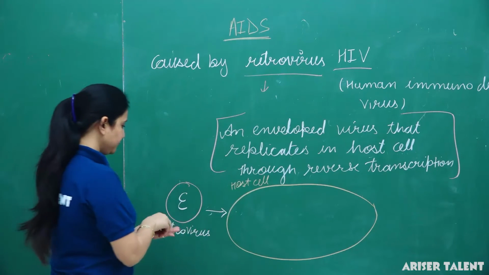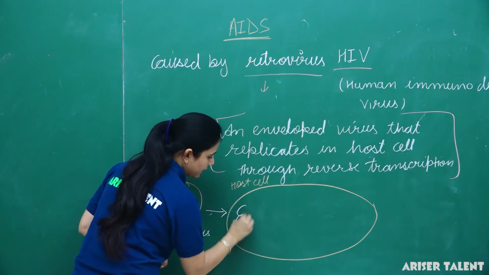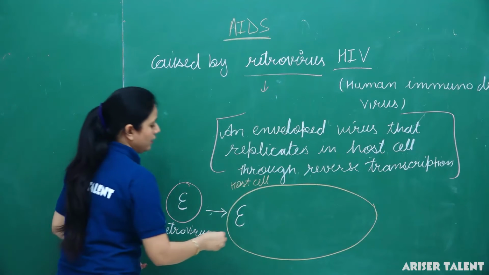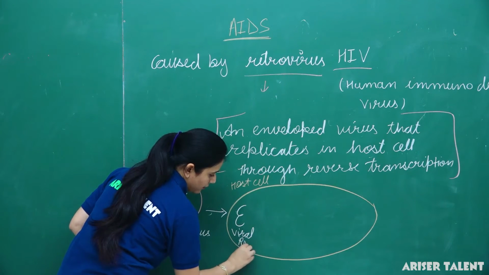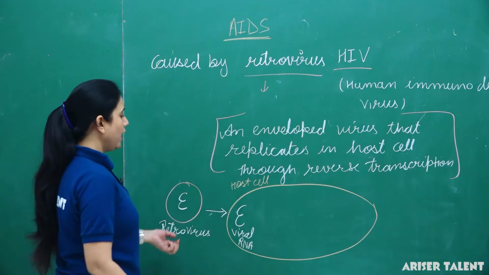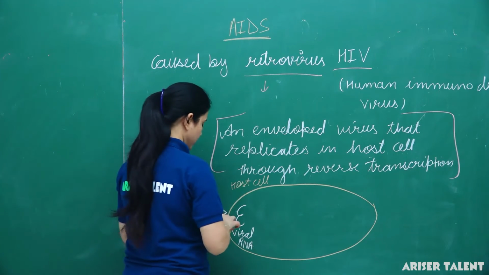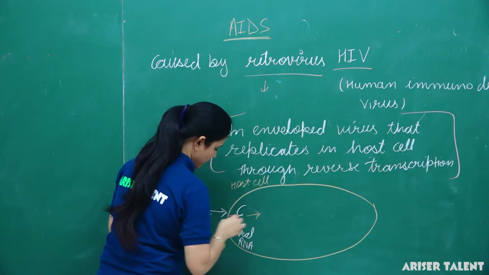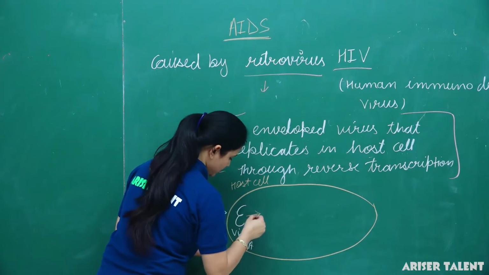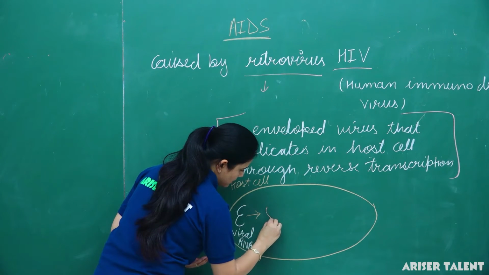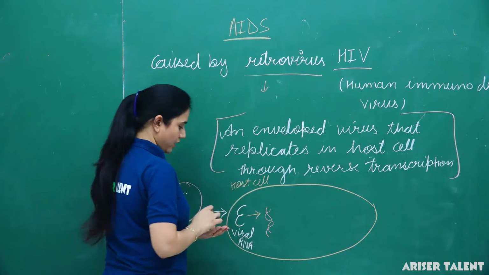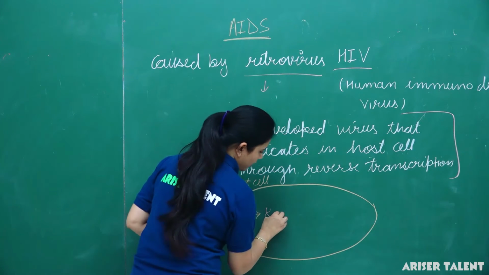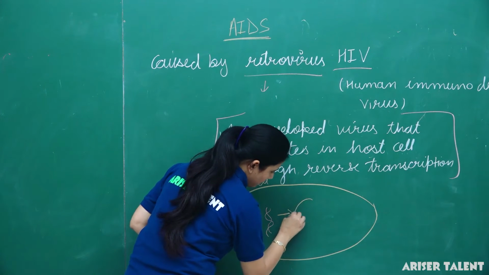When this retrovirus enters the host cell, it is known as viral RNA. Then it replicates and forms DNA. Then this DNA enters the nucleus.